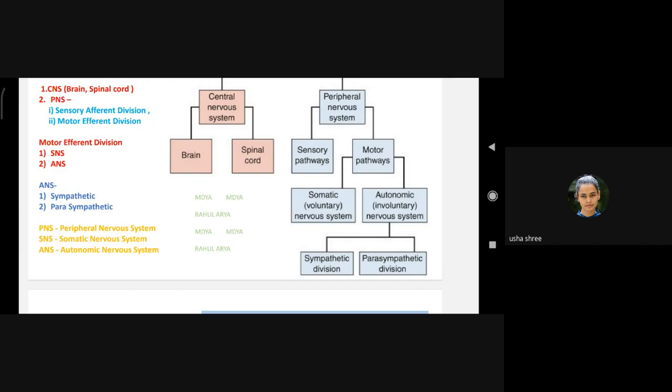Okay, it's very simple. When all these things are high, our digestive system works slowly.